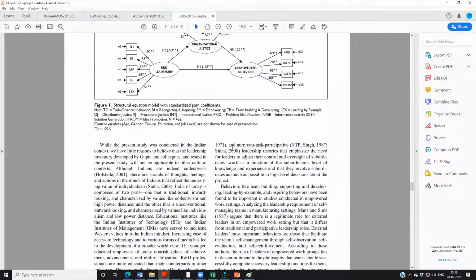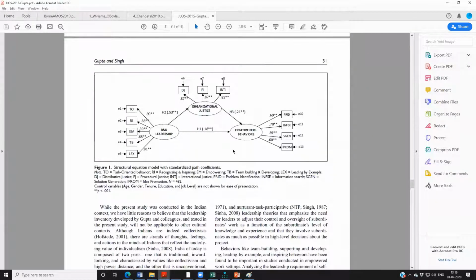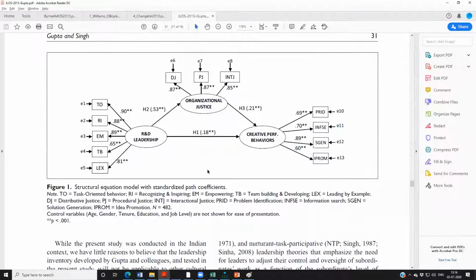If you see this diagram, Figure 1, this is where I have done parceling. We are working with PO, empowering, and leading by example, but my leadership scale actually had 5 dimensions and was a 39-item scale. So after doing all of it, I averaged and made parcels. So I had a 5-dimension model.